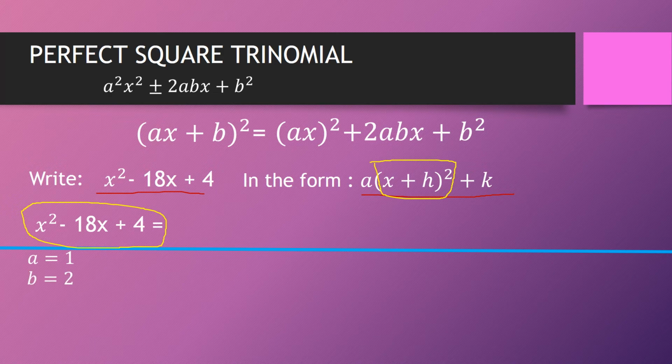The constant term is 4, and the square root of 4 is 2. When I multiply 2 times 1 times 2, it is 4. It's different from 18. Then this expression is not a perfect square.